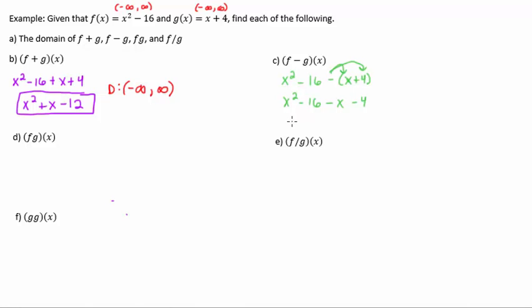And now we add like terms. So x squared minus x minus 20. And again, our original domains for our functions were all real numbers. This is still not a fraction, still not a square root, so our domain is negative infinity to positive infinity.